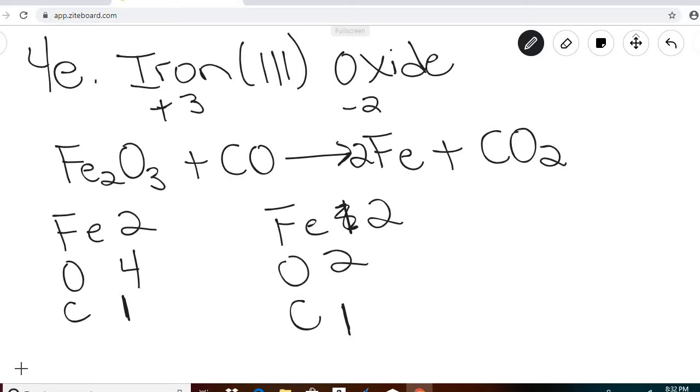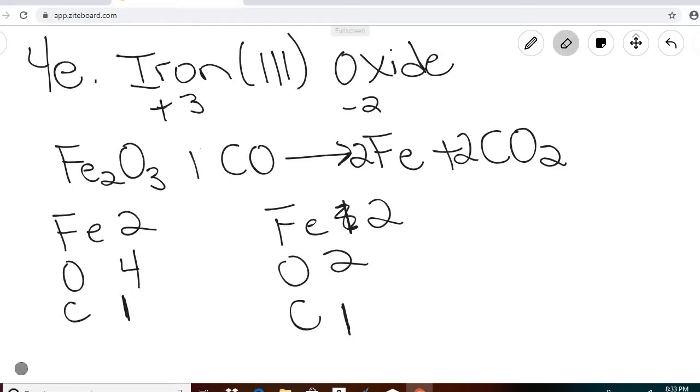So we have 4 and 2. If we put a 2 here, that'll give us 4, but it's going to mess up our carbon. So if we put that there, now we have 5 oxygens, and we have 4 oxygens over here.